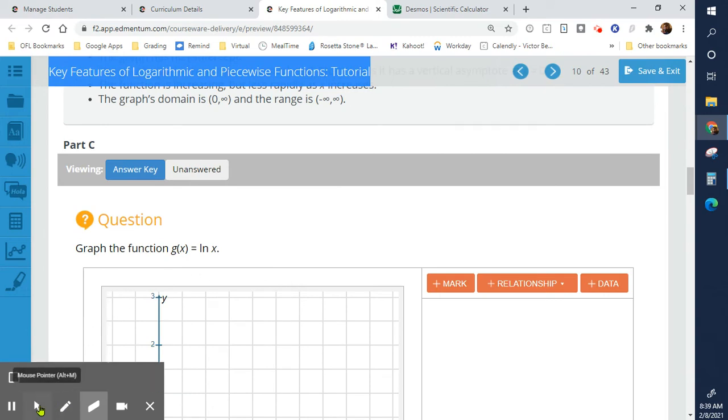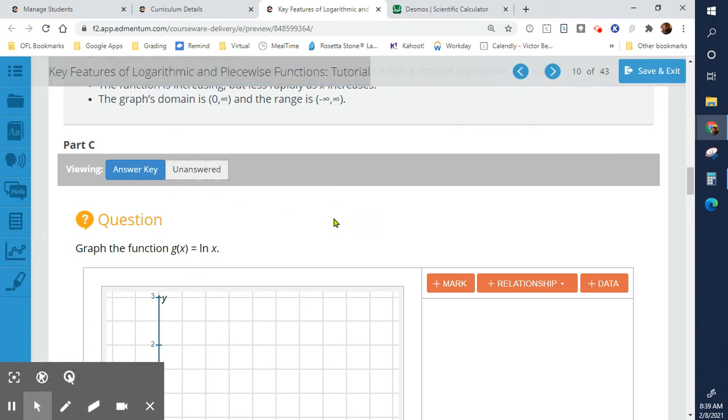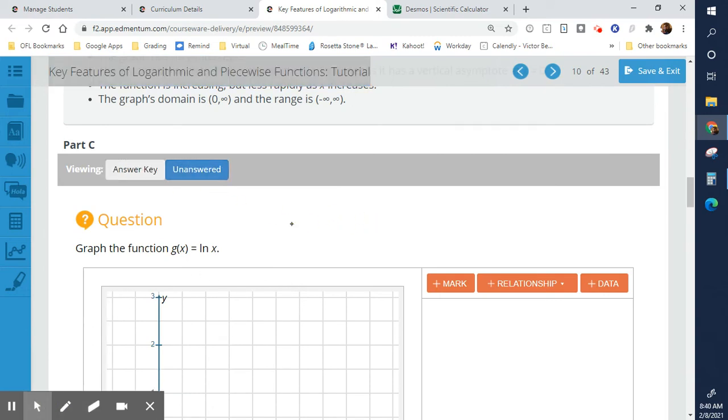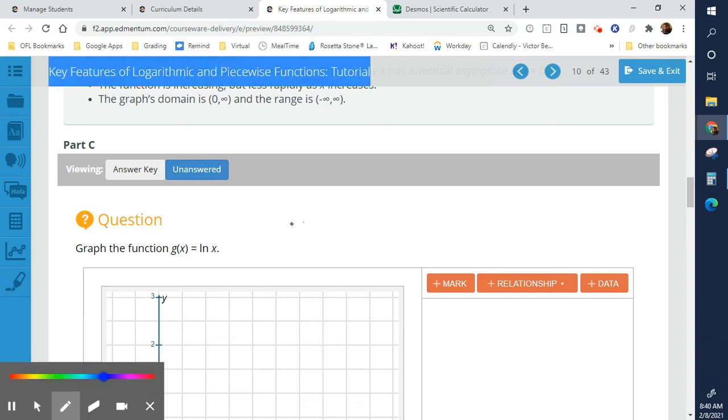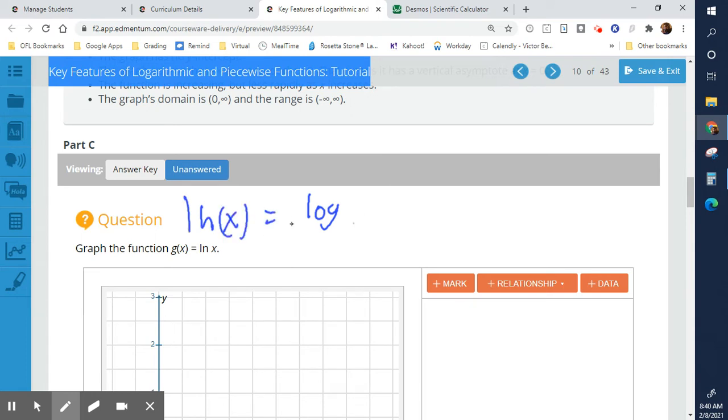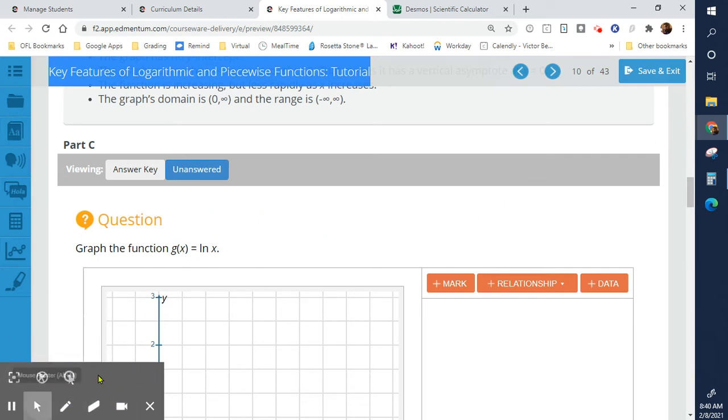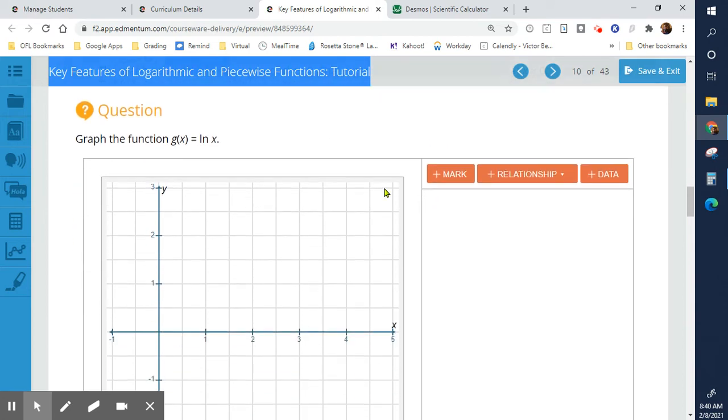All right, so let's look at this other graph. Now we're going to do ln of x. In case you don't know, ln of x is the same thing as log base e of x. E is this number that occurs naturally in math, like a bunch of scientists and mathematicians got together and realized that this number occurs a lot, so it is a number worth pointing out.